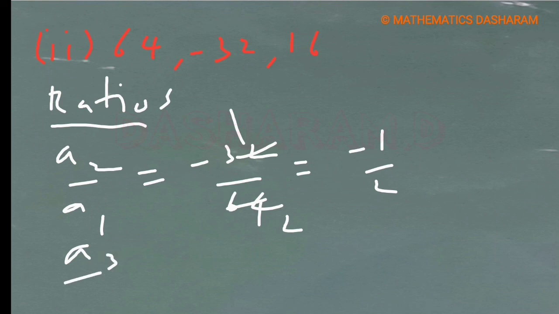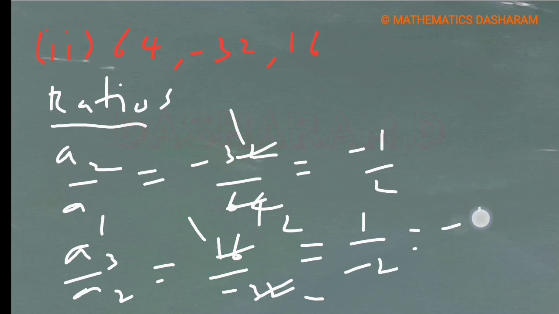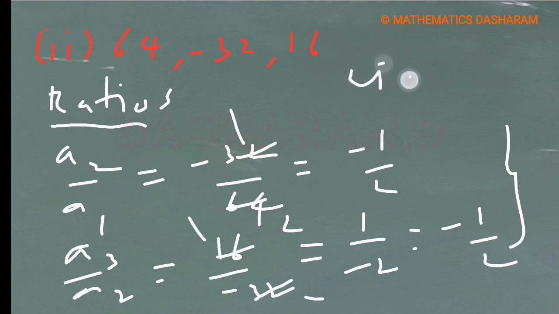Second ratio A3 divided by A2. A3 is 16 and A2 is minus 32. 16 ones are 16, 16 twos are 32, so 1 by minus 2, that means minus 1 by 2. Here also we got the same ratio. So the list of numbers is in GP.